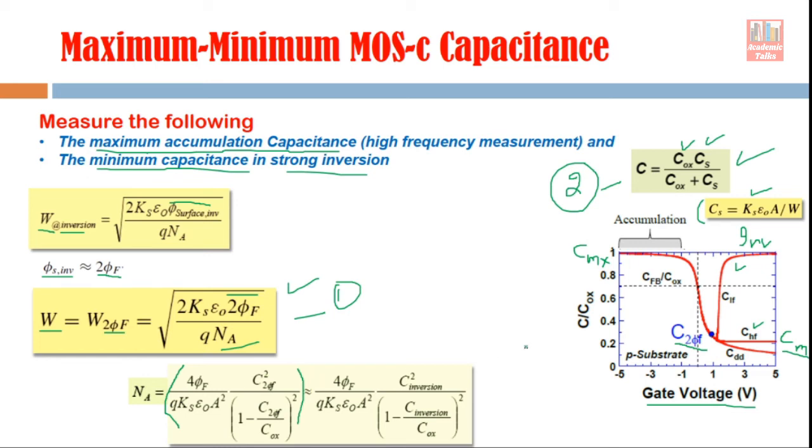Now you will say that if we have this plot, it is easy to find this maximum capacitance, or oxide capacitance, but it will be very difficult to locate the capacitance at 2 times the Fermi potential. So that's why most of the time, instead of finding this capacitance, we go directly to its minimum value of capacitance.